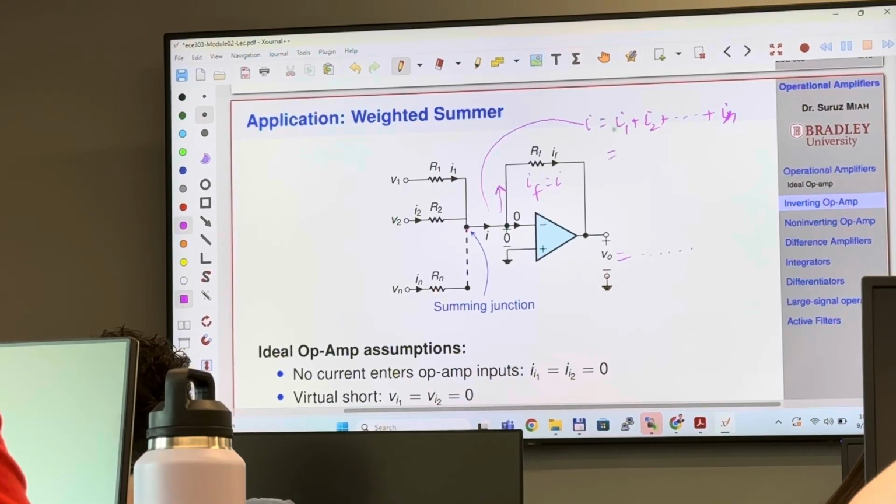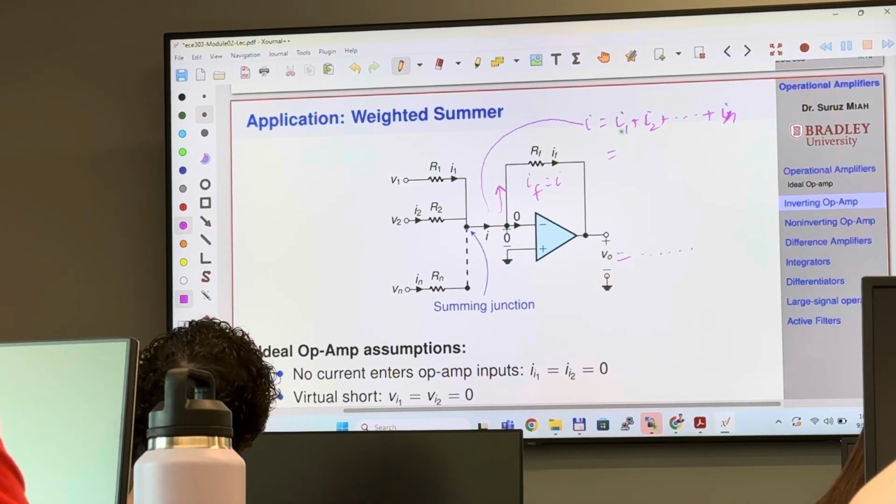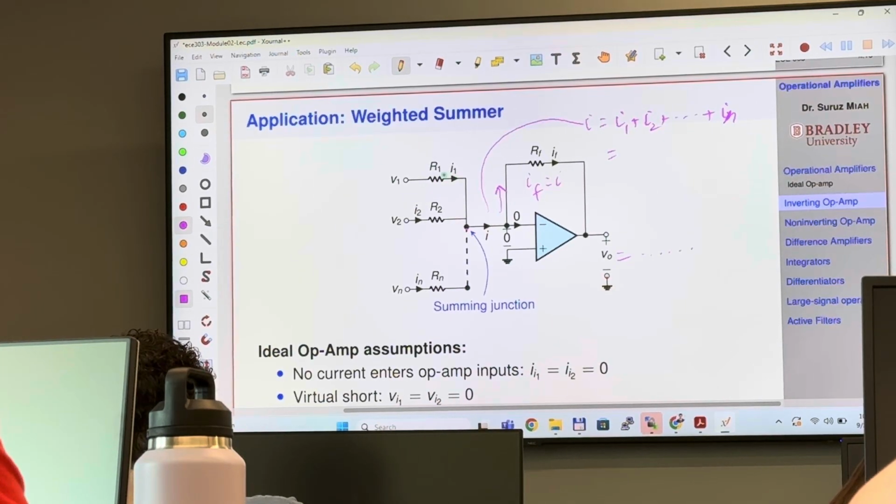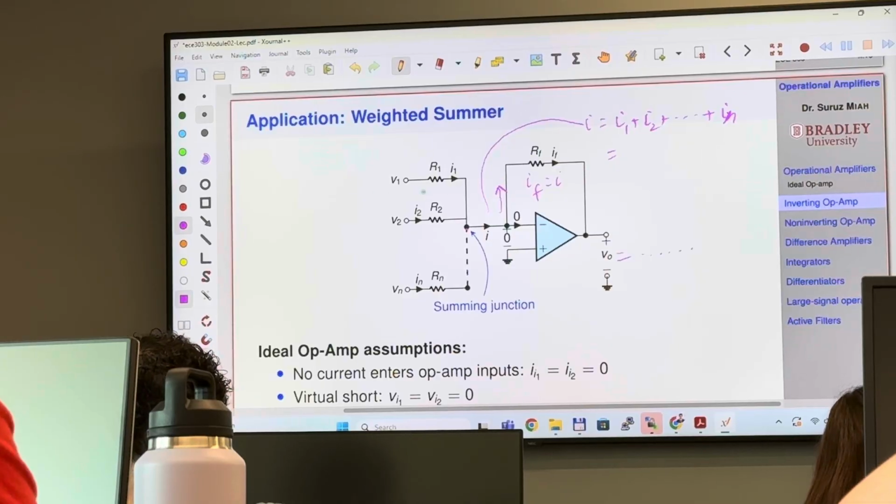Now you can actually get the expression for I in terms of input voltage. So what is the current flowing through this R1? What is the expression, guys? You see that this is one voltage source. You go all the way.